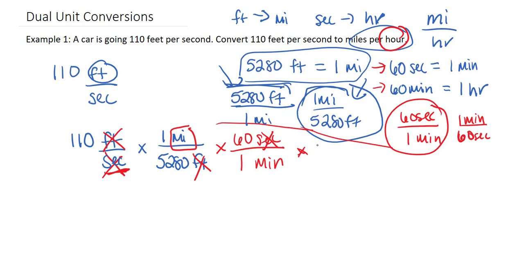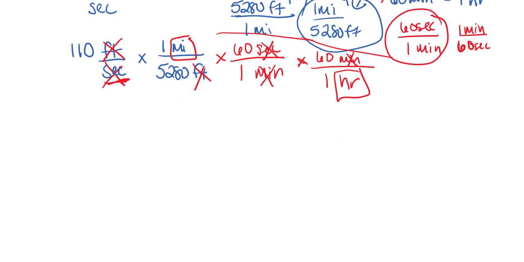So like the last one, we're going to go 60. We're going to put the minutes on the top, because we need to go ahead and cancel out the bottom. So that's what I mean by, we need to do this again, where we cancel out what's on the bottom. And then we put 1 hour on the bottom there. And we're left with hours on the bottom. We got rid of the minutes and the seconds, so now we can go ahead and multiply all of this out.